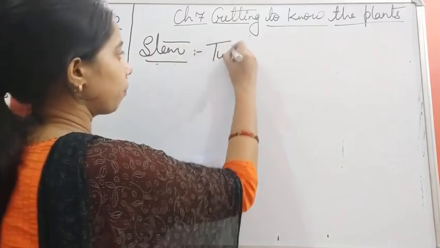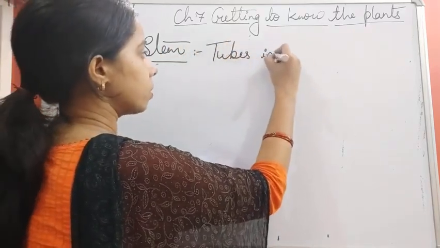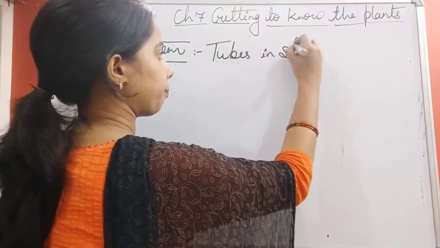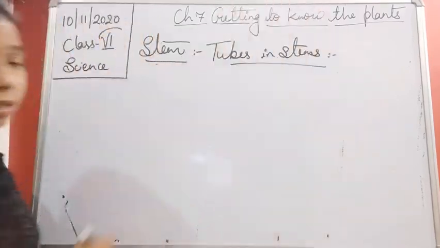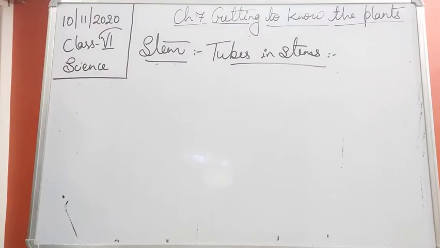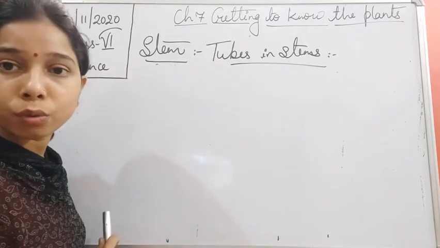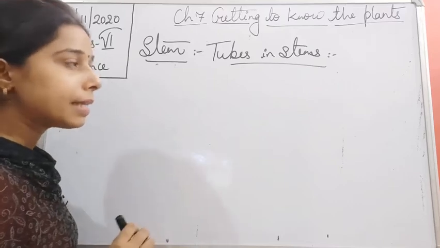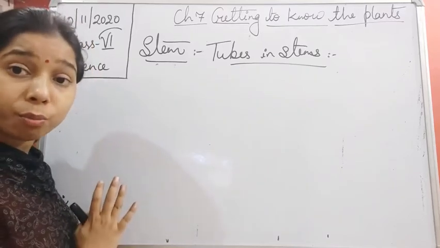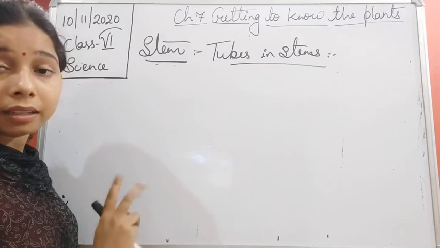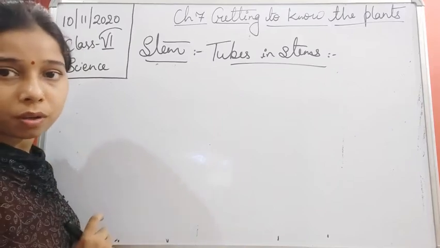Tubes in the stem. There is a large number of tubes present in a stem, students, and basically if we categorize the tubes, they will be categorized into two types.